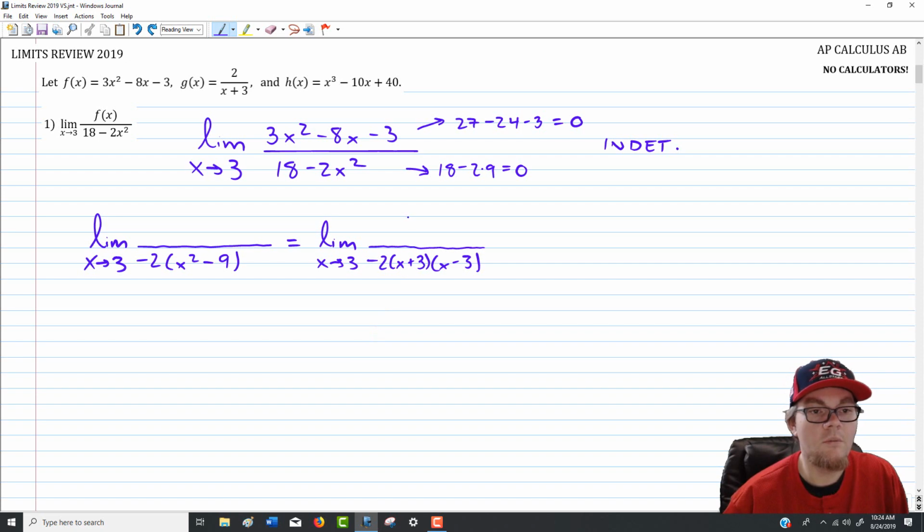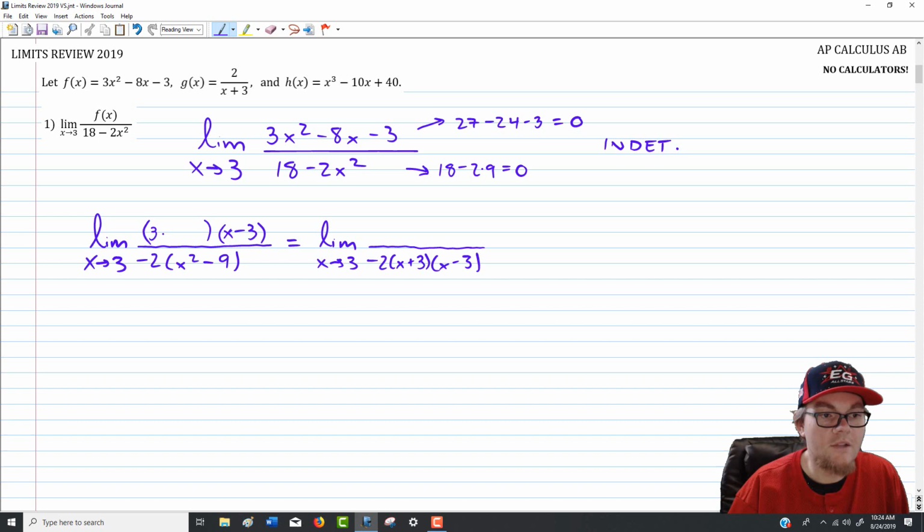So what I'm going to do now in my numerator is, as I look at this expression, I know I've got to be able to factor this into something times x minus 3, because if it doesn't, then it will never go away. This is a kind of speculative form of factoring that I use. Because I know I've got to have a factor of x minus 3, I can figure out the other factor just by looking at the polynomial.